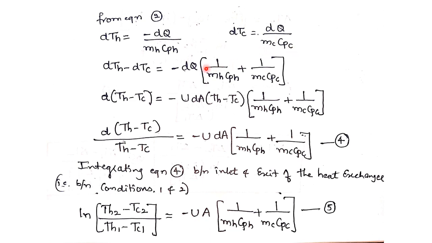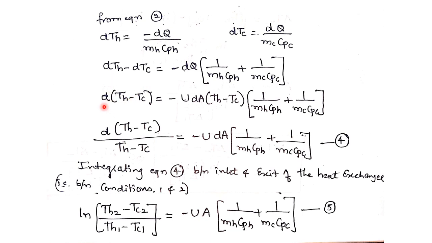So I have taken minus dQ common outside. In the bracket this will be 1 divided by mH into Cph, and since the second term should be negative, and I have already taken the minus sign outside, here it will be plus 1 divided by mC into Cpc. The same equation I have written in this format.